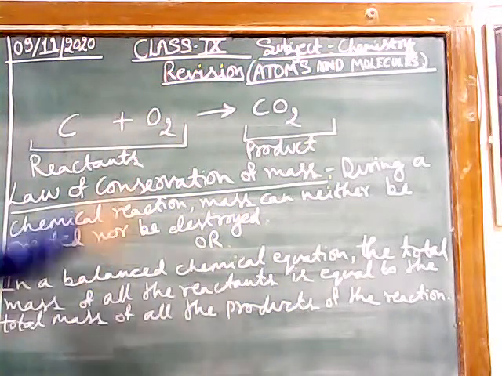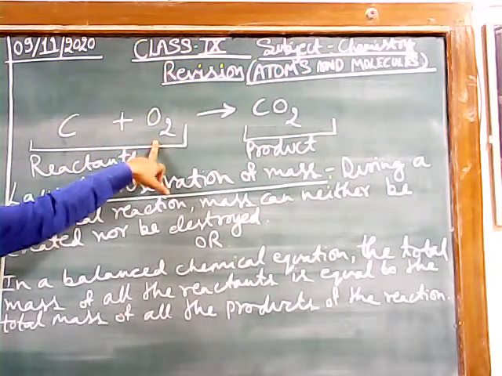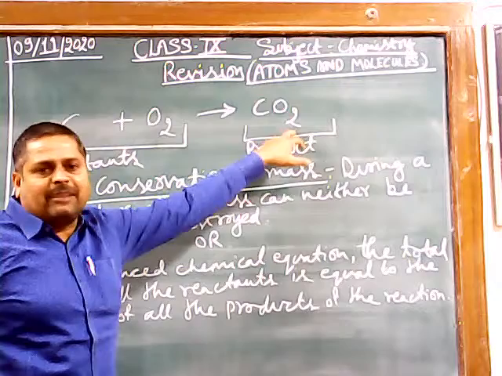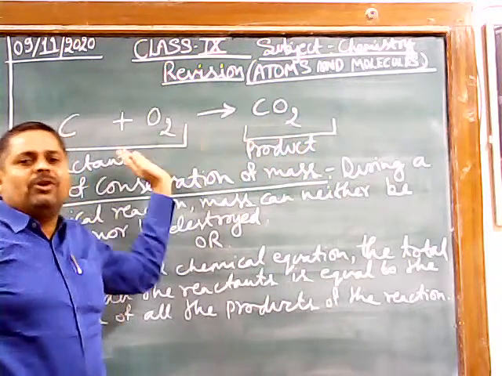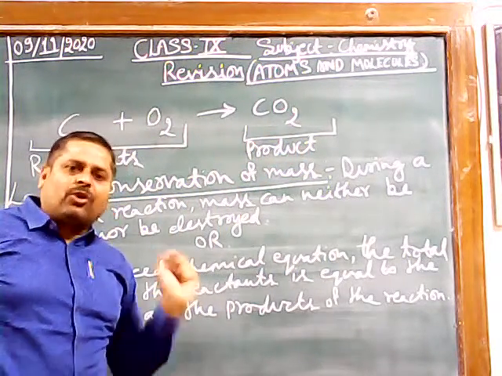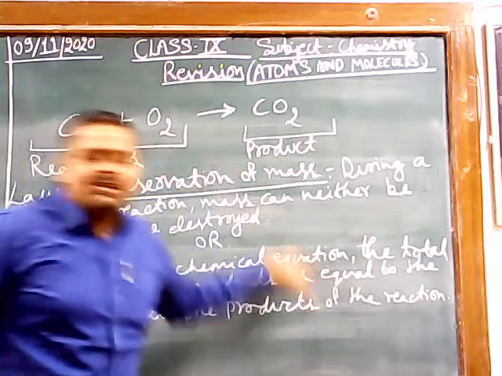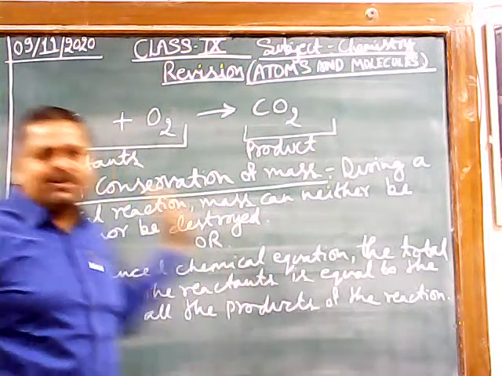Okay. Then here atoms of oxygen. There are 2 atoms of oxygen on the reactant side, and there are 2 atoms of oxygen on the product side. So this equation is also balanced with respect to the atoms of oxygen. And as a whole, this chemical equation is balanced.